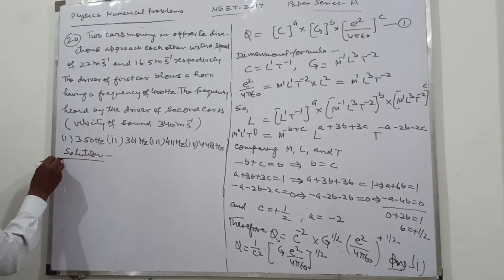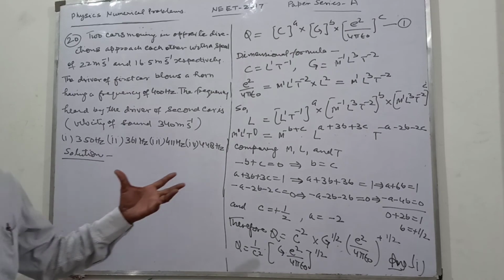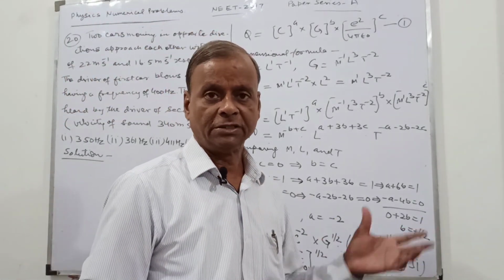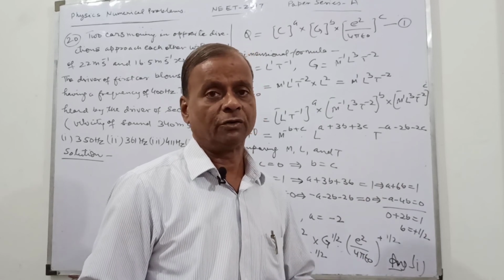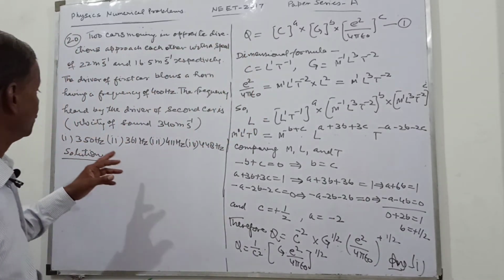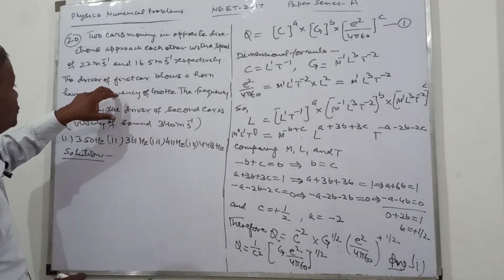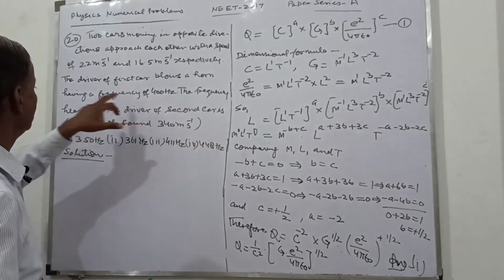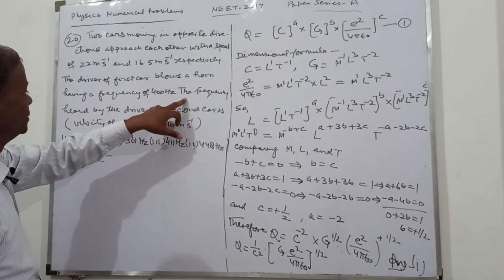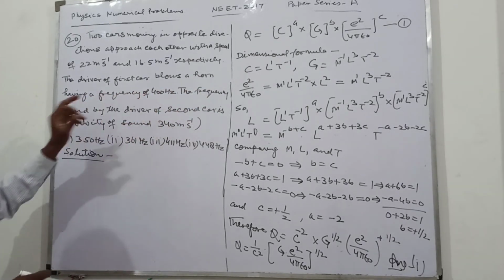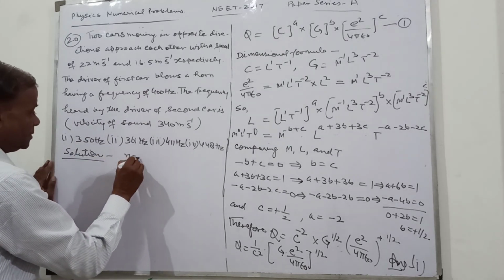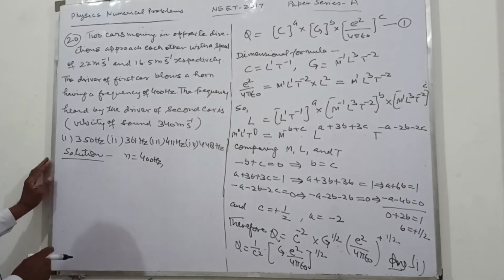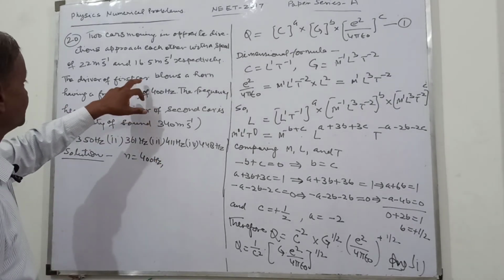You know about the Doppler's effect. Both the source and the observer are coming close to each other. They have their own speed, and the source, the first car, the driver of the first car blows a horn having a frequency of so much. So the real frequency is so much. This n is equal to 400 hertz. So this is now the source. The first car is the source.